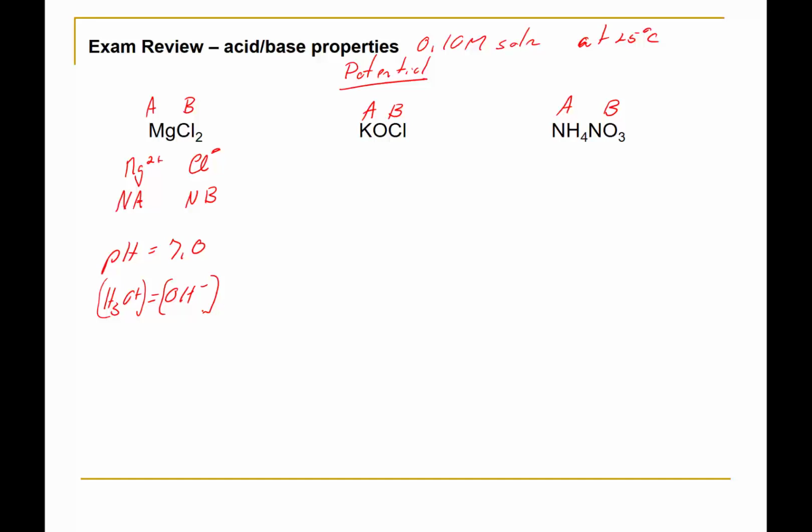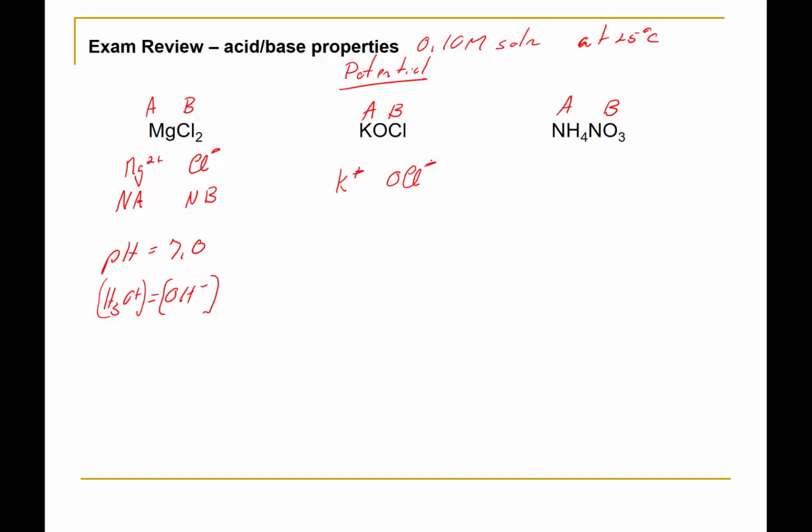So moving over to our potassium hypochlorite, the potential acid ion is the potassium plus 1. The potential base anion is the hypochlorite. So in these questions, it's actually very important that you know about your polyatomic ions.